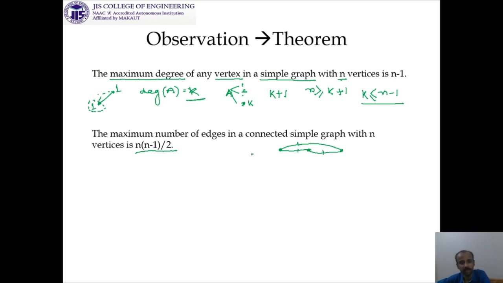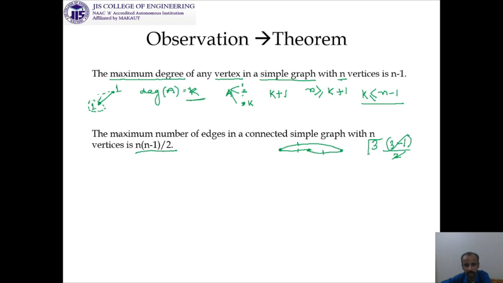So look at this, 1, 2, 3. We are getting here 3 edges, and the number of vertices is 3, so n is equal to 3. So what we get, 3 into 3 minus 1 by 2. This one is 2, this one is 2, they are cancelled out.